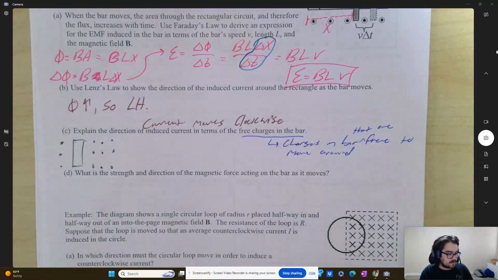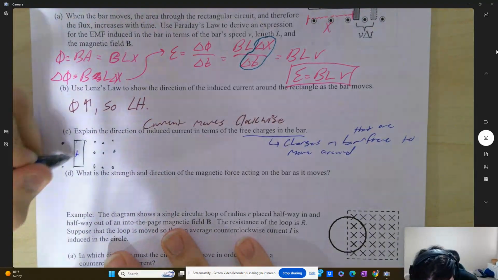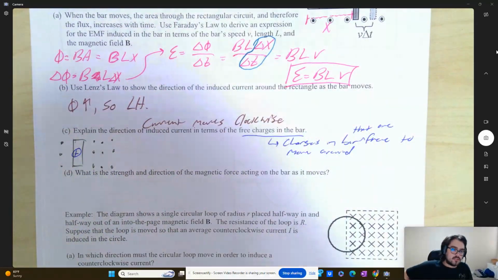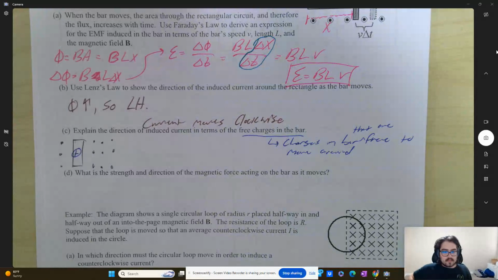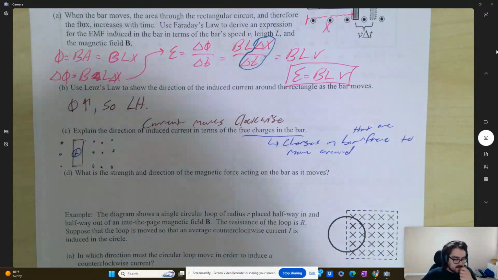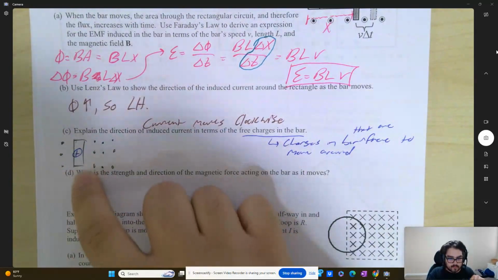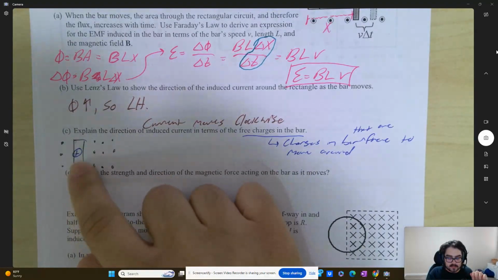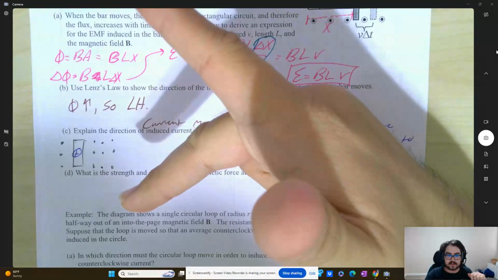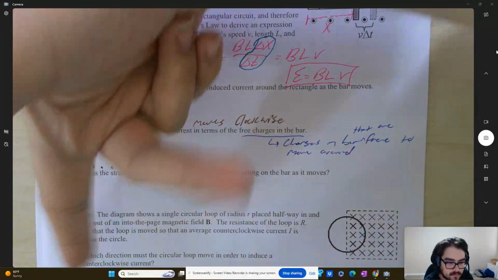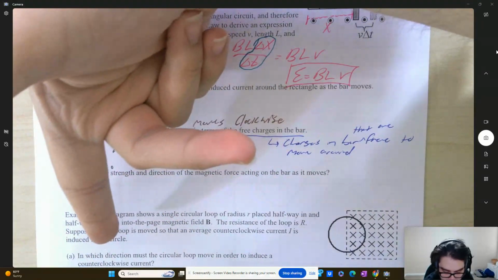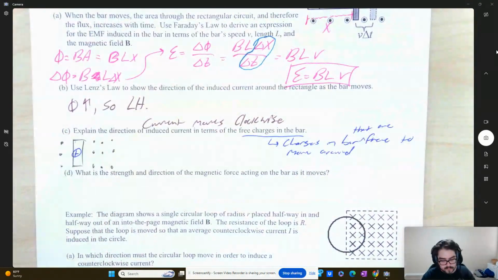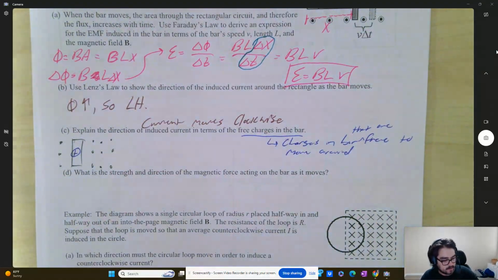Let's say that we have a proton in the bar. The charges are flowing through the bar, moving downwards. The current is flowing downwards, and we're going to use our right hand rule for the wire. And this is moving to the right.